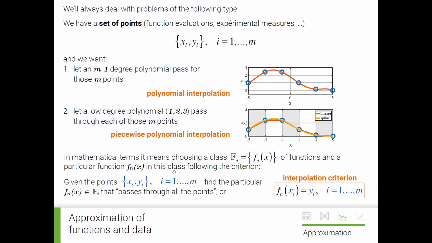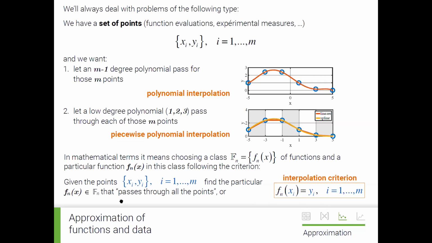In mathematical terms, it means choosing a class Fn, the family of these functions, and a particular function Fn of x in this class following the criterion: given the set of points xi, yi, where i changes from 1 till m, find the particular Fn of x from Fn that passes through all the points, or satisfies the equation Fn of xi equals yi.